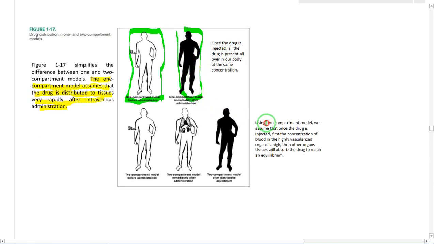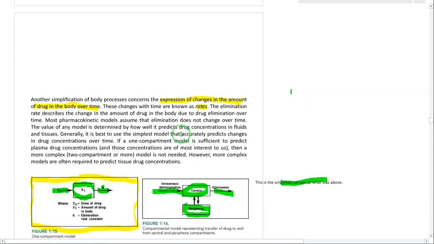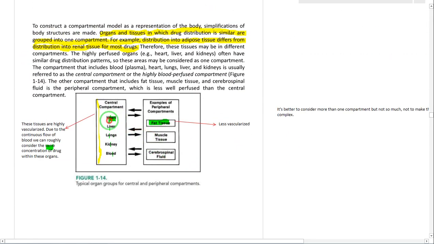However, if we use a two compartment model like this, we can assume that we administer the drug, and after that the concentration will increase in the highly vascularized compartments such as the kidney, the lungs, the heart, that we grouped together as you saw here.